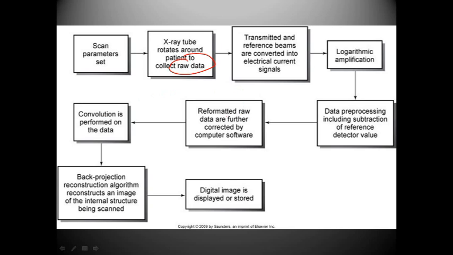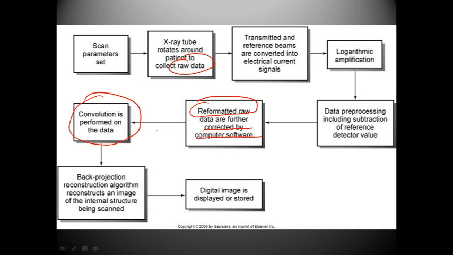We see that you have reformatted raw data that is corrected by computer software, which uses convolution and algorithms to actually affect and manipulate the image into something that is of acceptable quality.